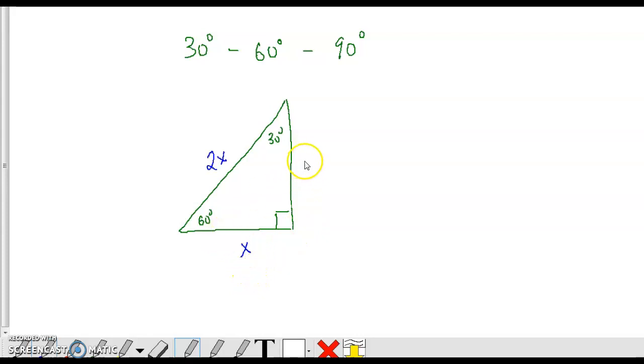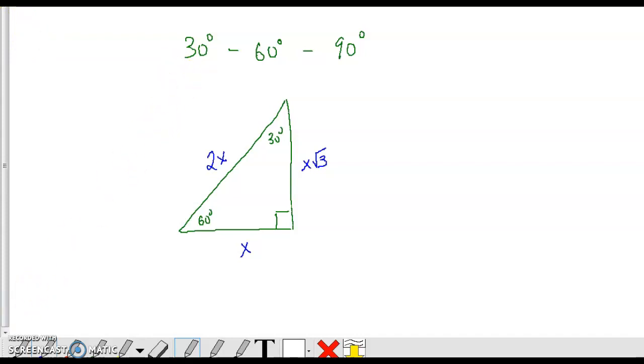And then off of our 60 degrees, this will always be x root 3. So no matter what we have for our values, here is our generic 30, 60, 90 formula in order to figure out all of the values.